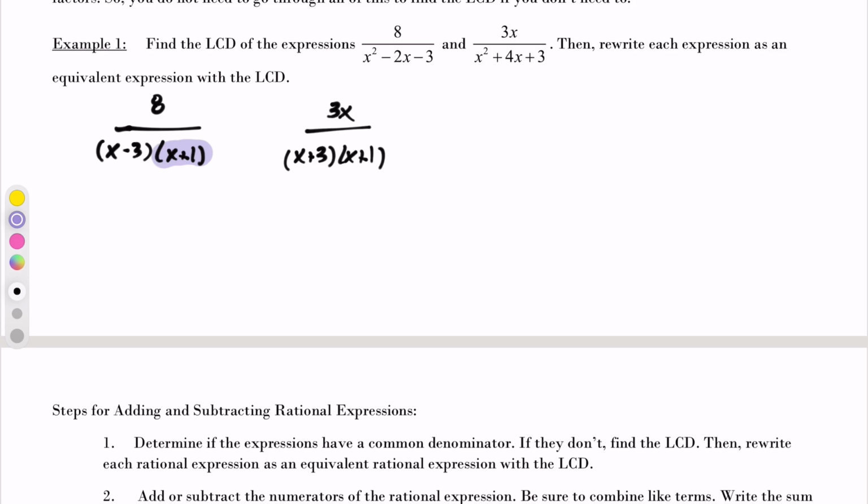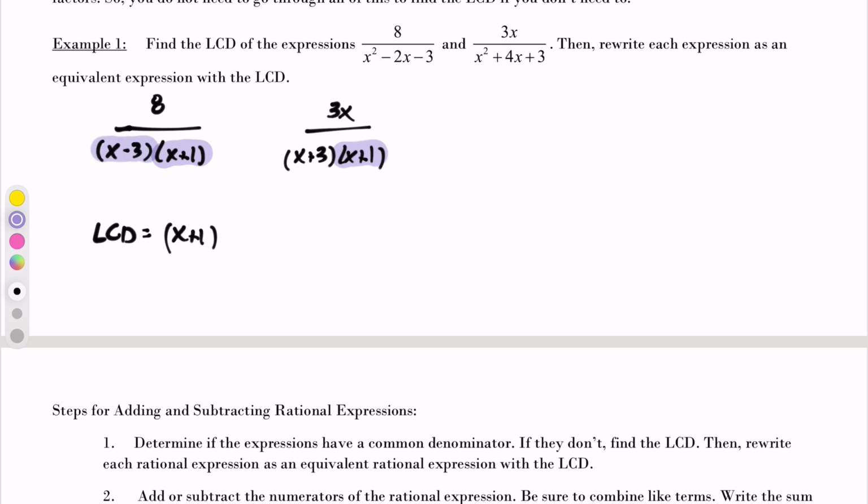There's an x plus 1 that's common, but really the LCD for the whole thing would be, I need to incorporate every single factor that is part of any denominator. So my LCD is basically the x plus 1 that they have in common, but then you've got to wrangle up any other factors that you see.